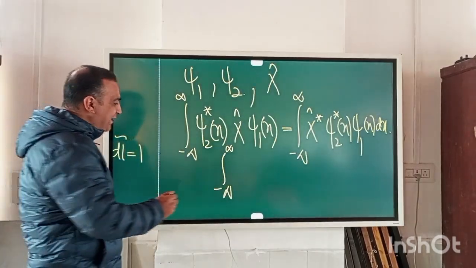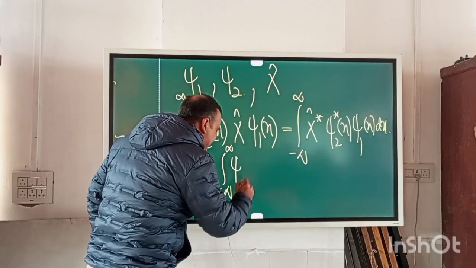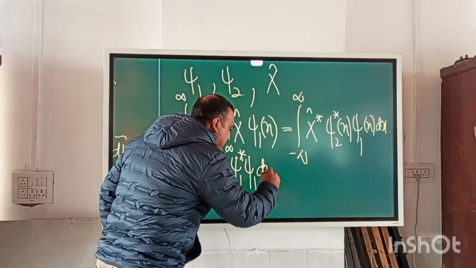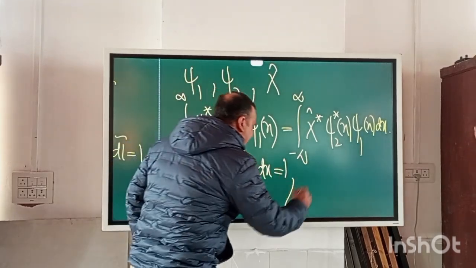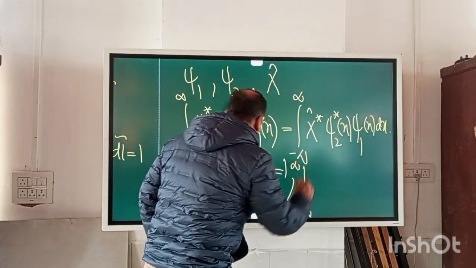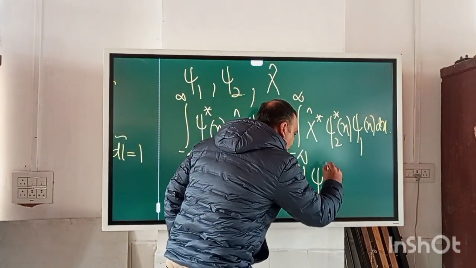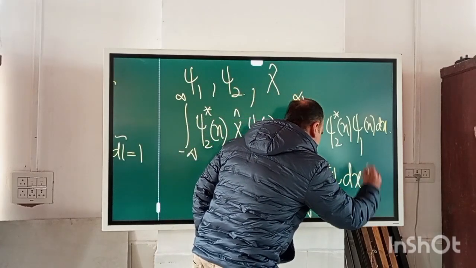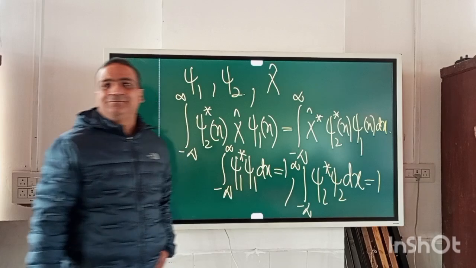So what does that mean? That means the integral from minus infinity to infinity of psi 1 star psi 1 dx must be equal to 1, and the integral from minus infinity to infinity of psi 2 star psi 2 dx must be equal to 1.